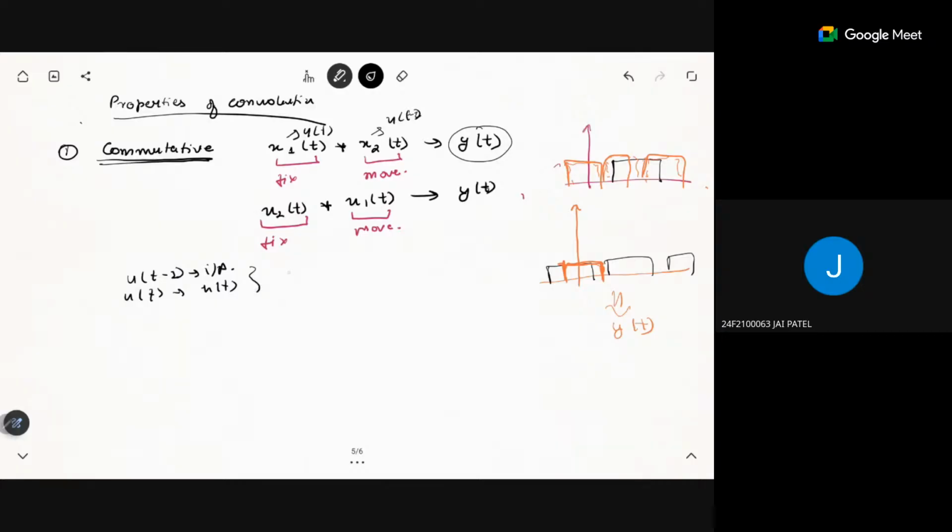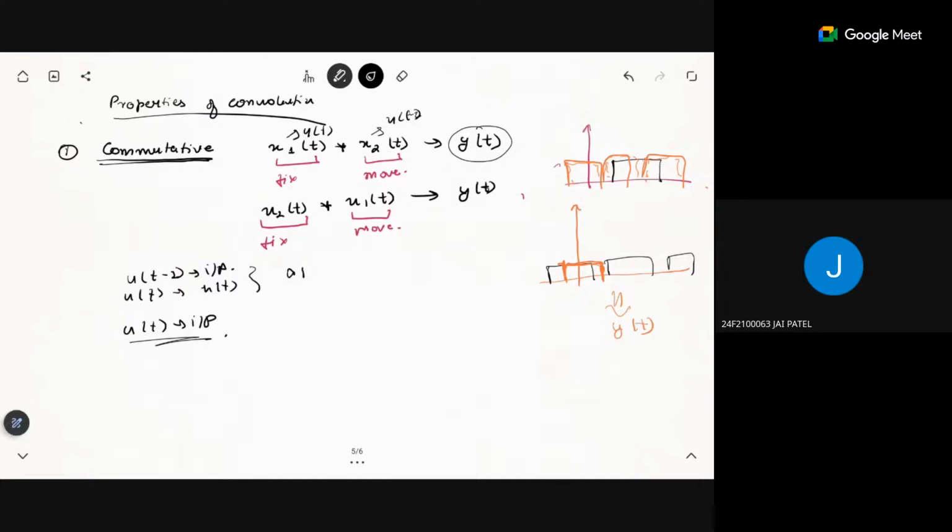Then what will be the output? You need not calculate it; the output is the same as when u of t was the input. This is the commutative property which convolution holds.